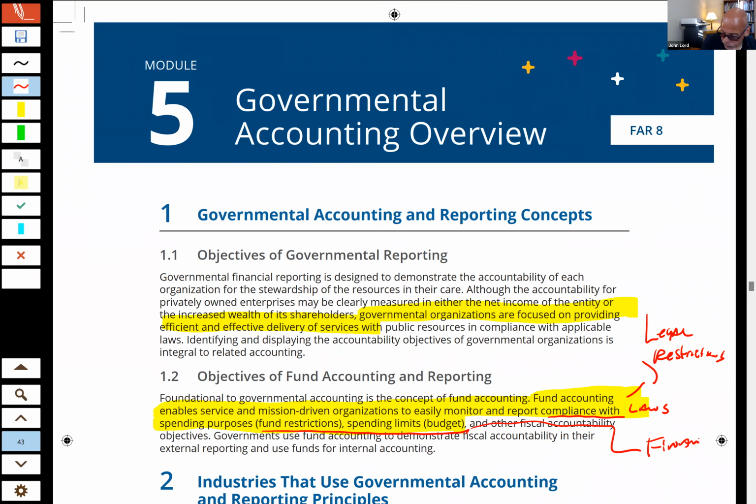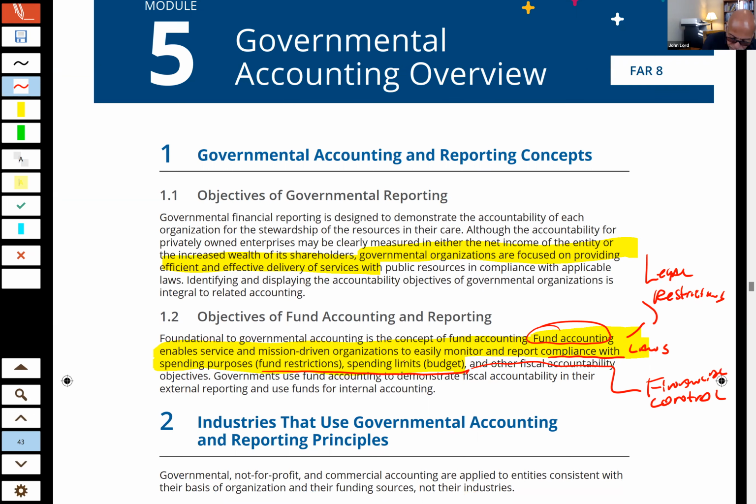Financial control. Okay, so let's flashcard some of the objectives of fund accounting. It helps us make sure that we are operating within spending limits, flashcard that. One is financial control. The other is compliance with laws, and the other is legal restrictions.